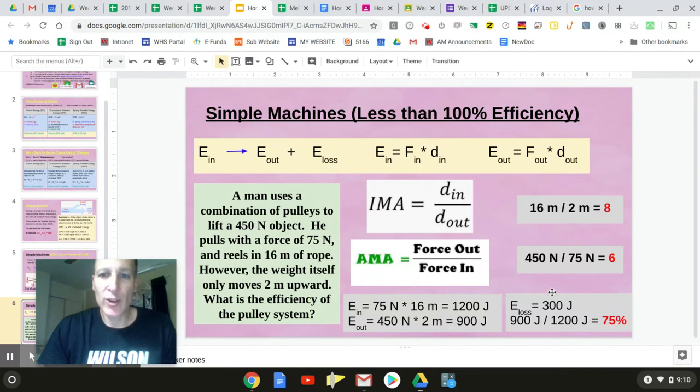So notice there is a loss of 300 joules of energy, so that when you take the ratio of the energy out versus the energy in, notice we get 0.75 or 75%, which is also the ratio of the AMA to the IMA. Okay. This applies across all different types of simple machines. You can apply this also to an inclined ramp as well as a lever.